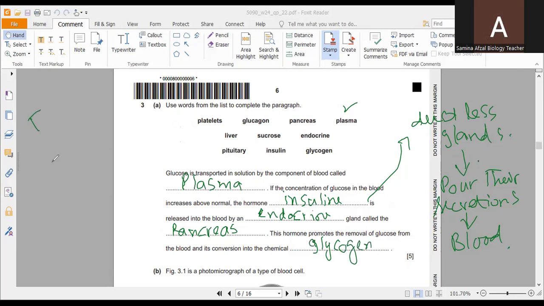The extra glucose is stored in the form of glycogen with the help of the endocrine gland, which is the pancreas. It acts as an endocrine gland, secretes insulin, and insulin will change the glucose into glycogen.